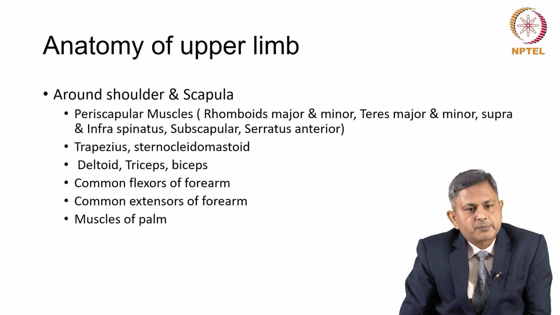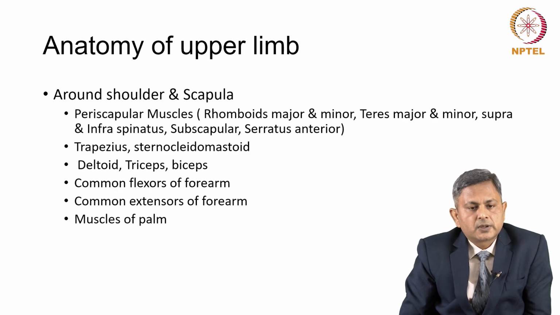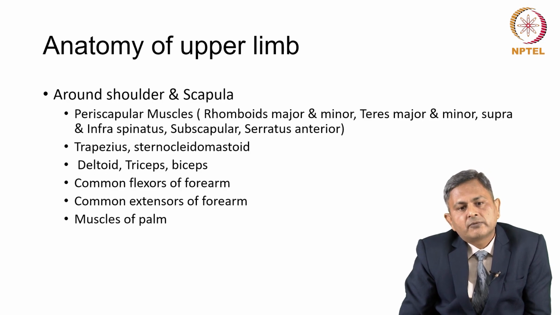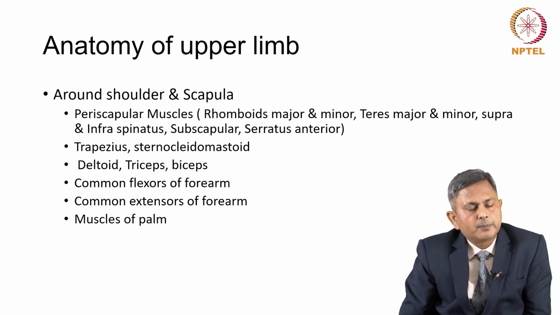Then come trapezius and sternocleidomastoid, which help to stabilize our scapula. The deltoid muscle, which is our triangular muscle, triceps muscle, biceps muscle, common flexors of the forearm. A minor or major injury causes golfer's elbow, and the common extensors of the forearm, which cause tennis elbow, and muscles of the palm.